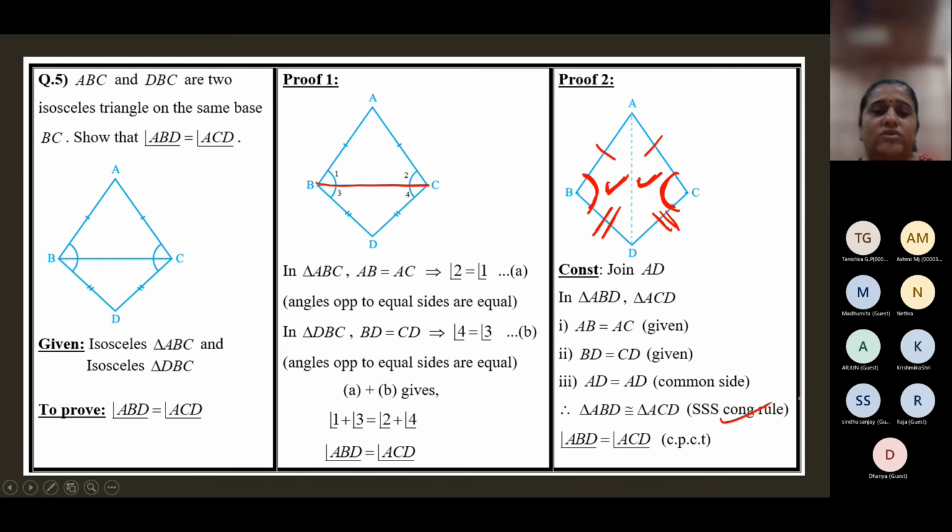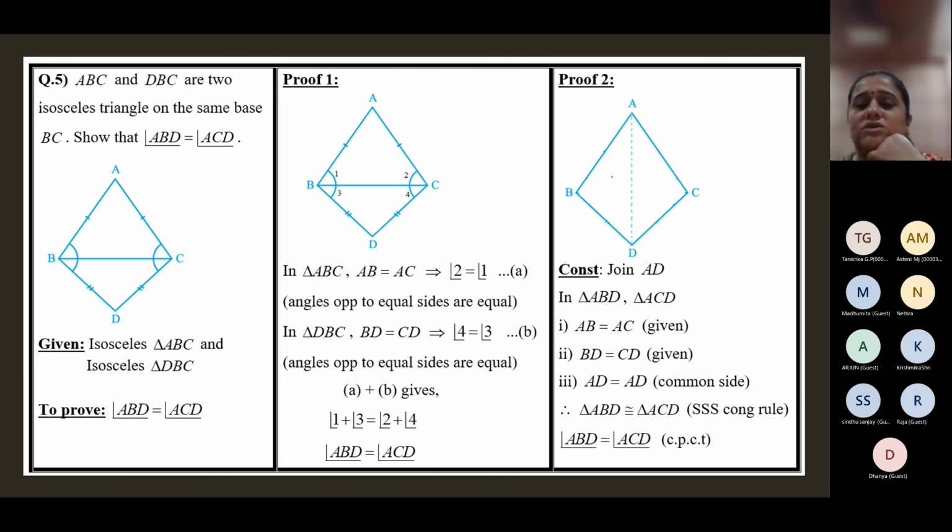So by SSS congruence rule, the two triangles are congruent. Angle B is equal to angle C. In triangle ABD, this is angle B. In triangle ACD, this is angle C. That means angle ABD is equal to ACD. CPCT.